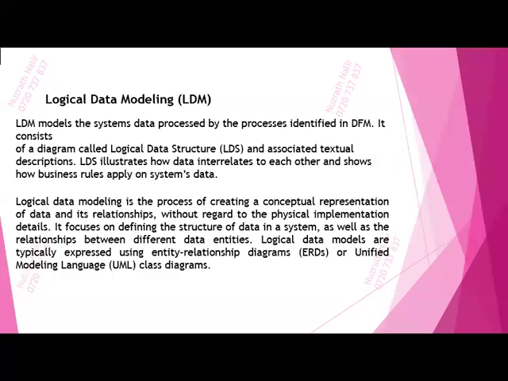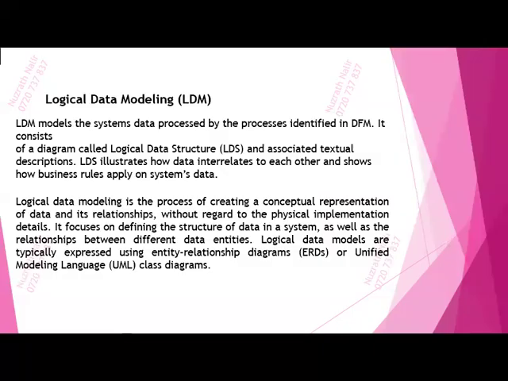So look at this one, the logical data modeling, LDM, is the system data processed by the processes identified in the DFD. So we already did the process part. You know, the data process, the external agent, external element, as well as the data store. So identify the model system data processed by the processes identified in the DFD.